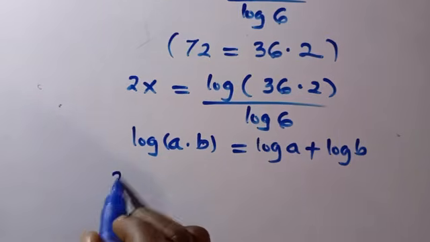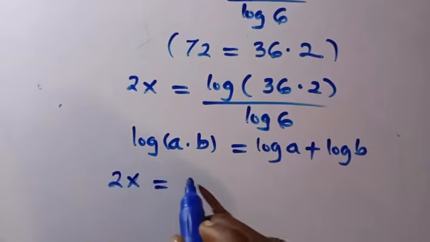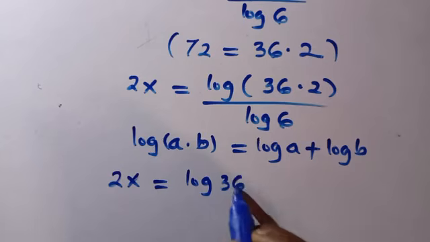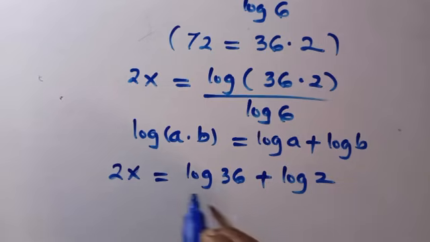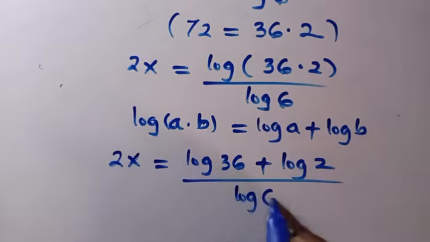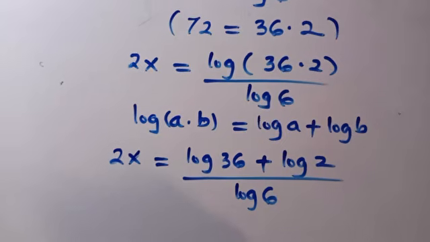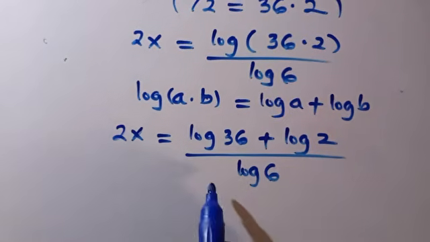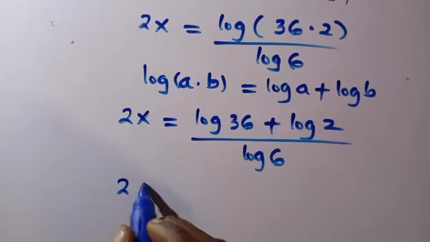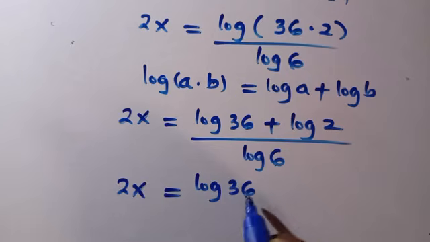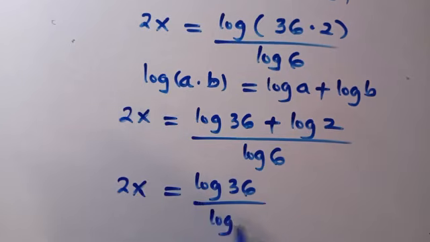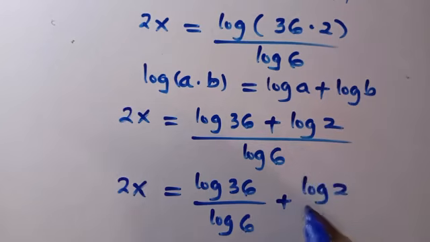And then we have 2x equals log 36 plus log 2, divided by log 6. Then we can divide this separately as 2x equals log 36 divided by log 6 plus log 2 divided by log 6.